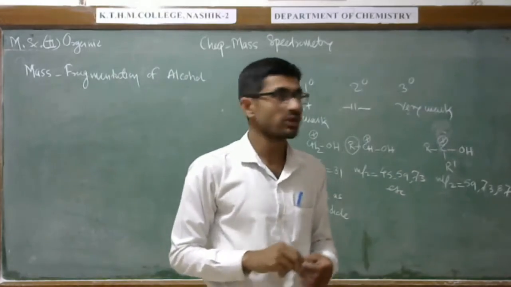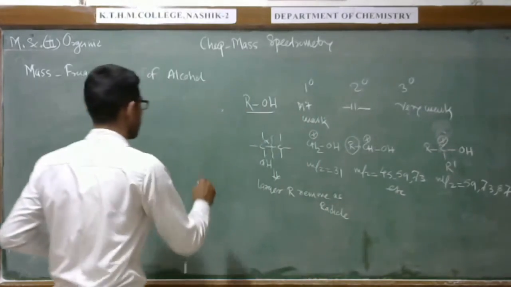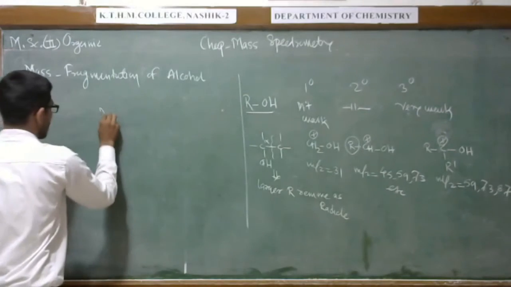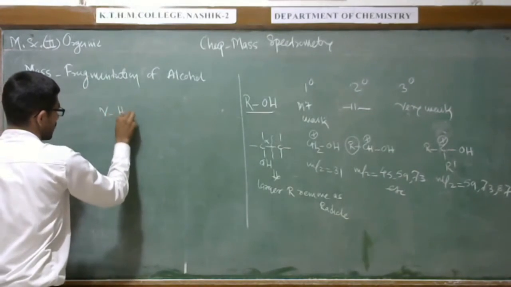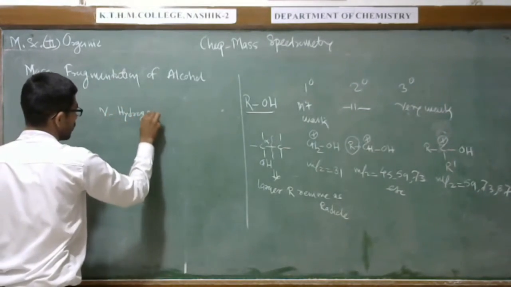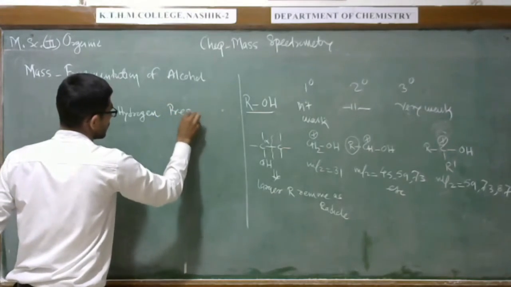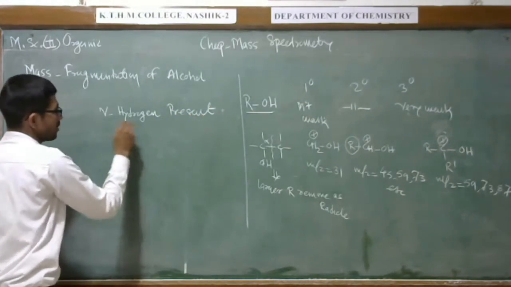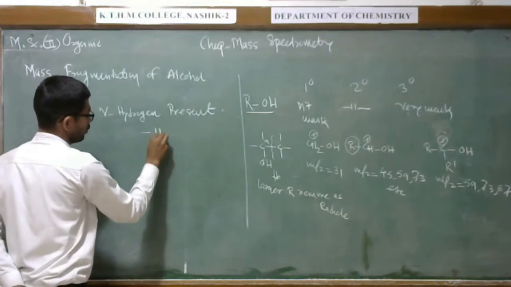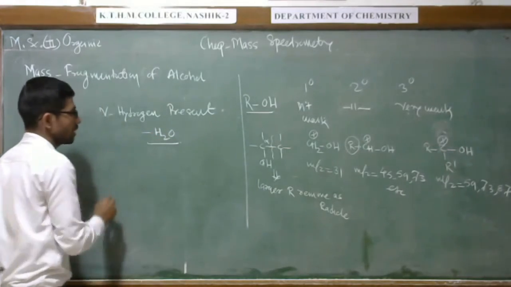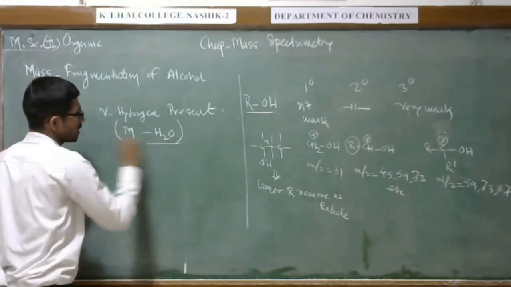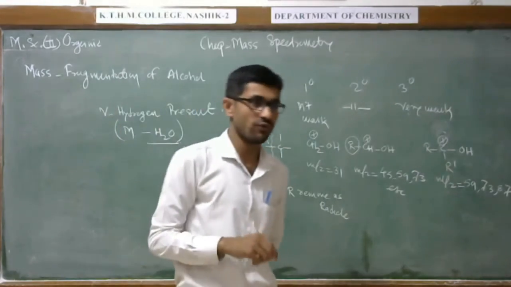Also remember that during fragmentation of alcohols, when gamma hydrogen is present, the alcohol loses the water molecule. Loss of water means we can observe the M minus H2O peak.